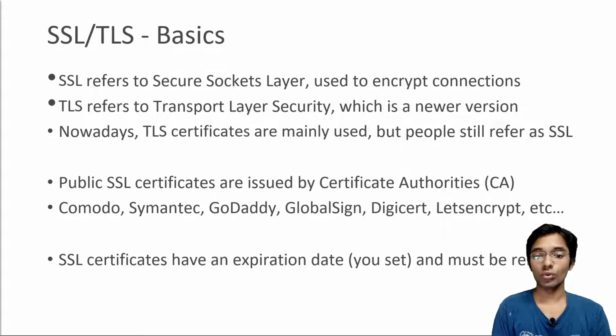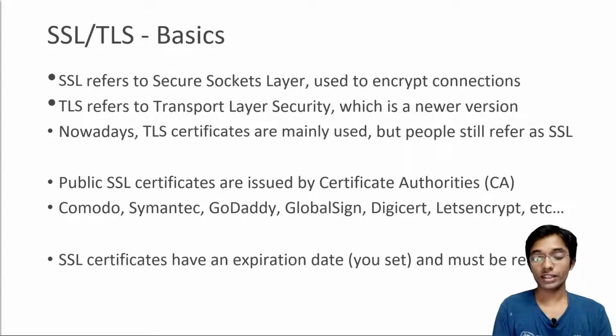Usually it's a number of years, 1 year or 2 years, and you must renew it before it expires to keep your services up and running. Before your SSL certificate expires, it will show a warning or something.